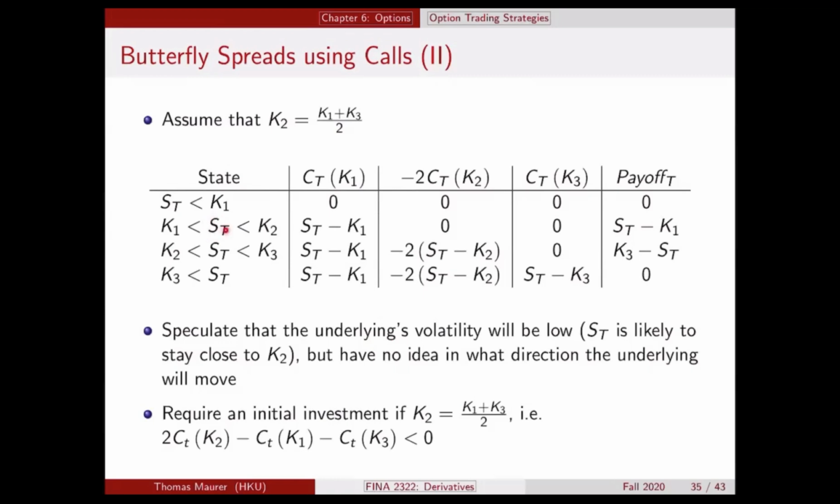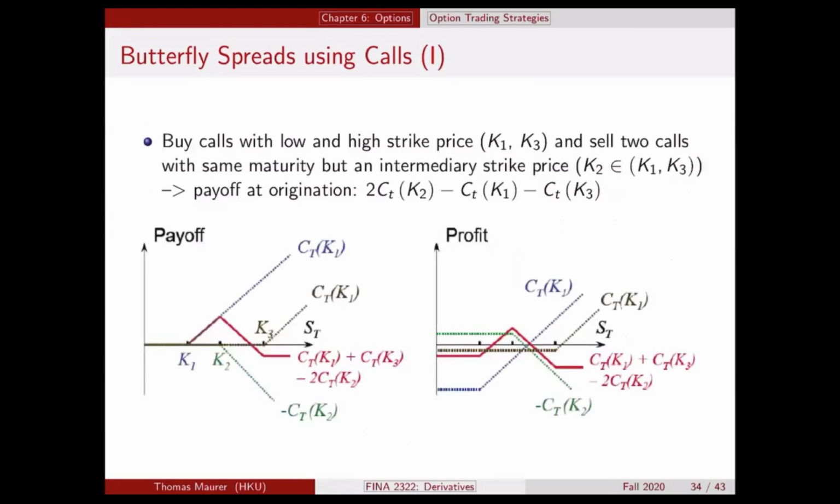If the price of the underlying is between K1 and K2, then that first call option which you buy, you will exercise that, and your payoff is going to be ST minus K1, which is a positive payoff. And the other 2 call options are not exercised and have 0 payoffs, so your combined payoff is going to be ST minus K1. So that gives you that increasing 45-degree line segment.